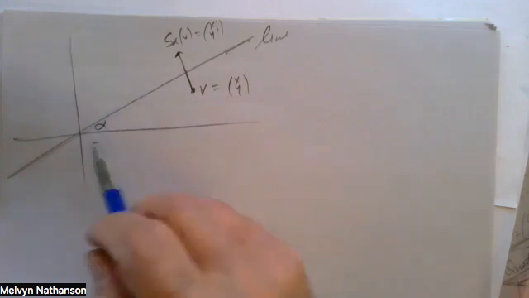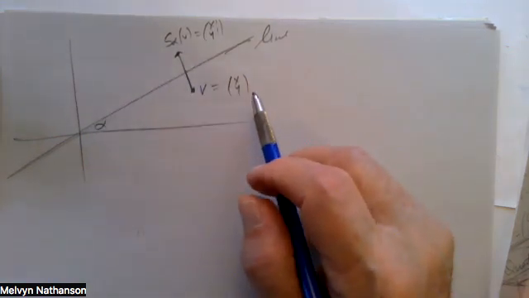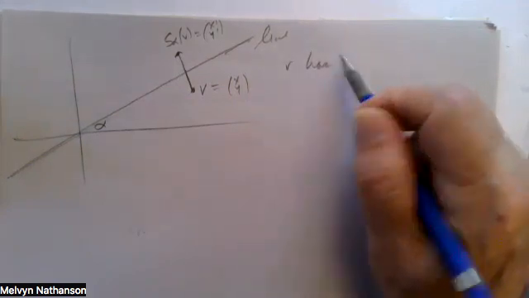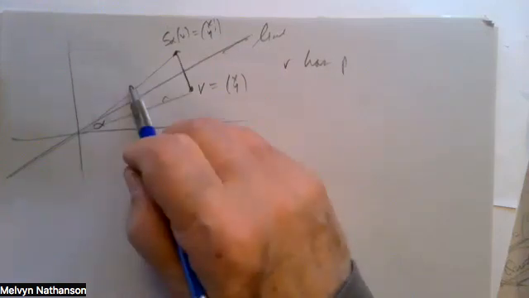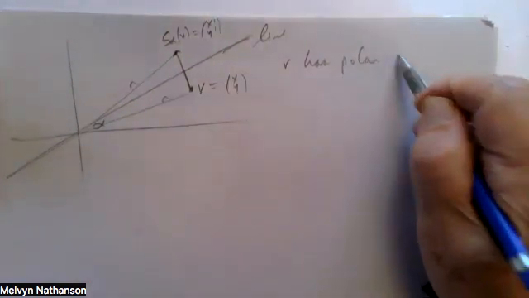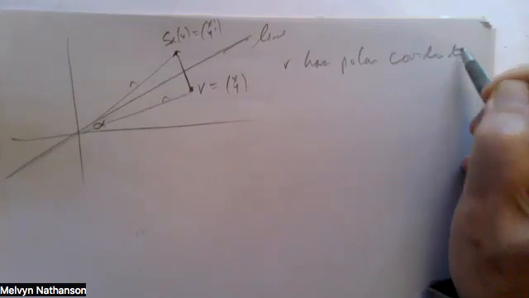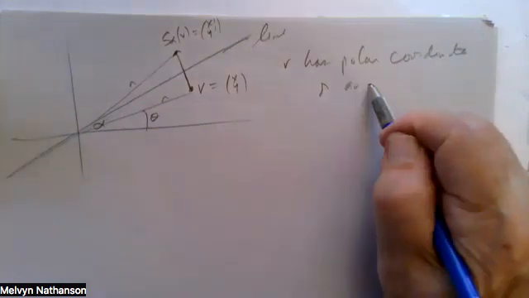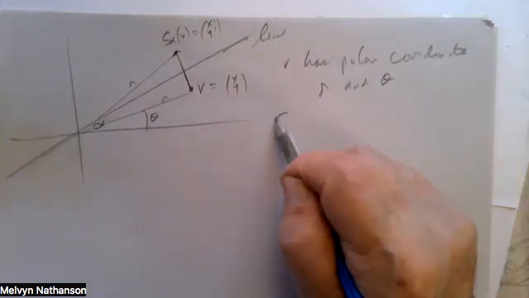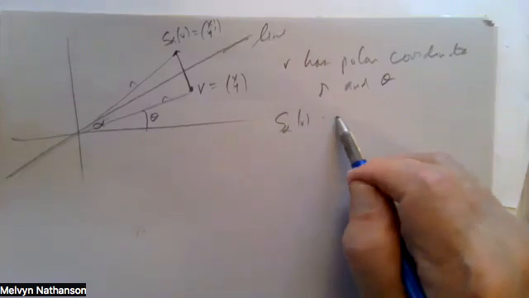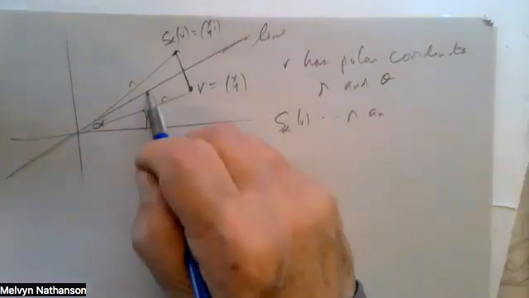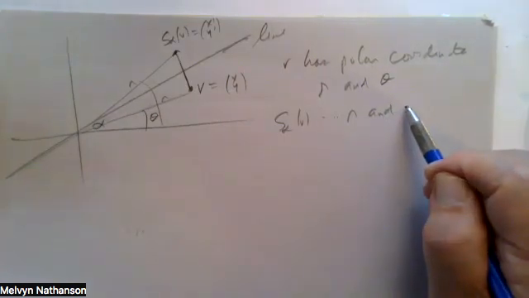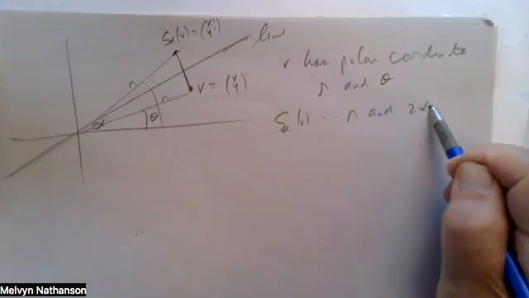How are they related? So v has polar coordinates r and theta. S alpha of v has polar coordinates the same r, but this angle now is 2 alpha minus theta.